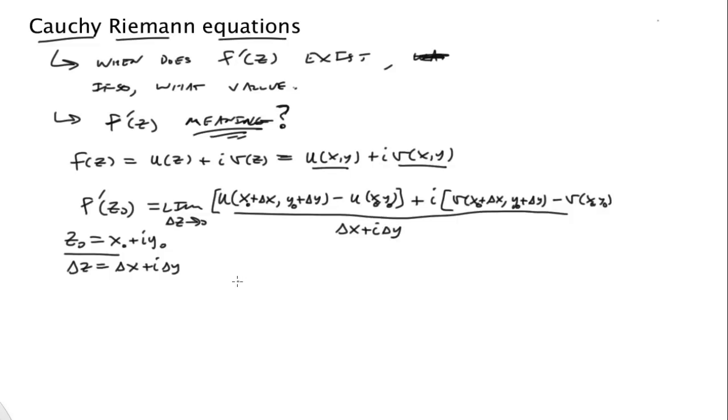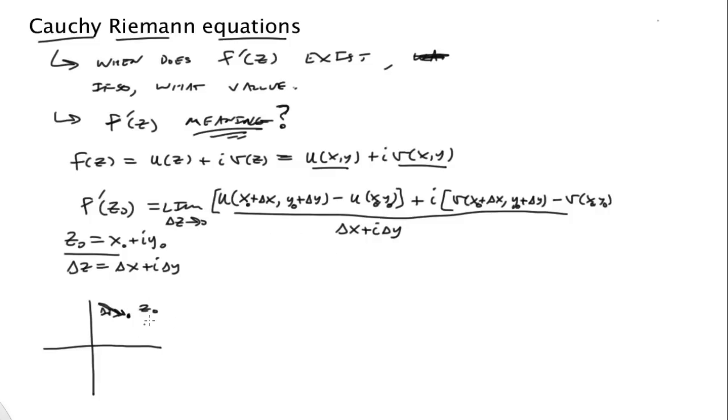As you know, for any derivative, if here's our z naught point, we need to be able to take a limit as delta z goes to 0 as we head in towards this z naught point.